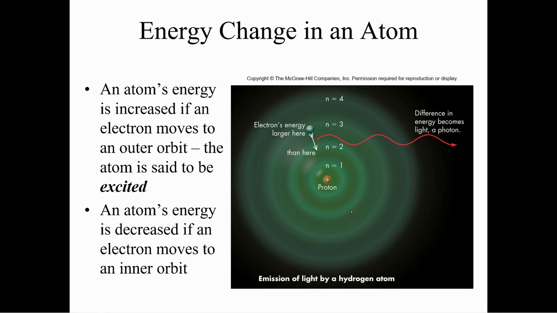An atom's energy is increased if an electron moves into the outer orbit, and the atom is said to be excited. As an atom's energy is decreased, the electron moves to a lower orbit and gives off light, or a photon.